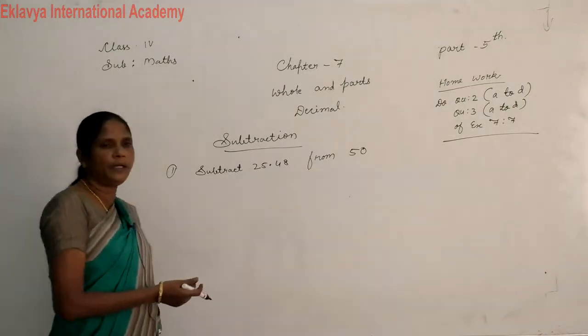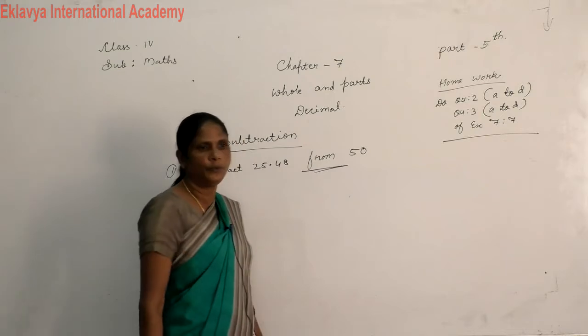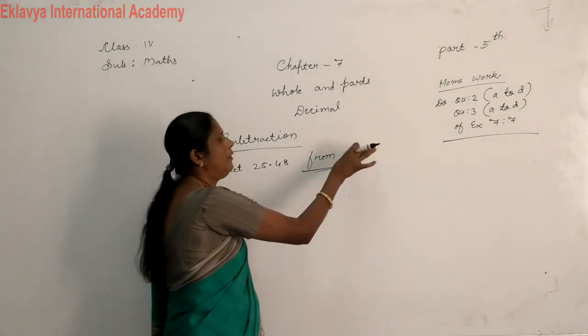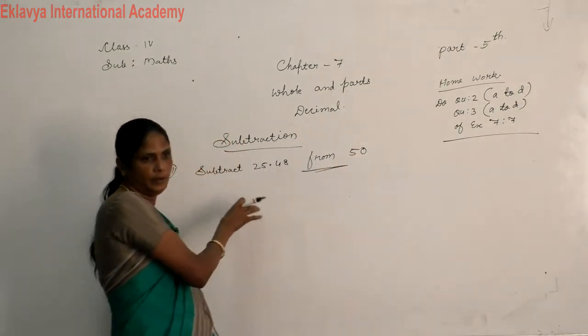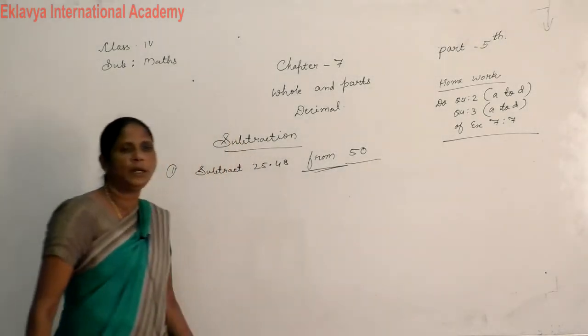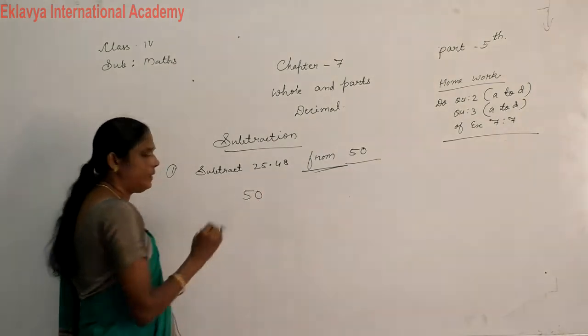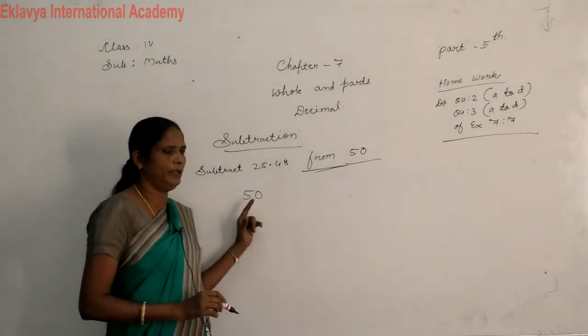Then which word comes here? "From" comes here. Therefore, you write the 50 first. We write 50. Then you look here.